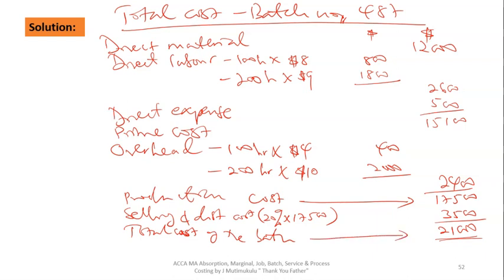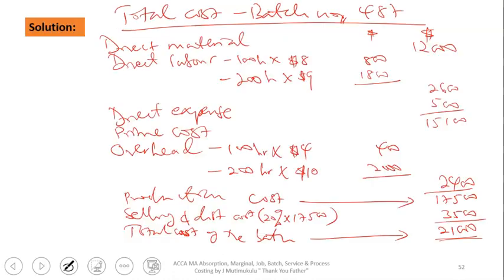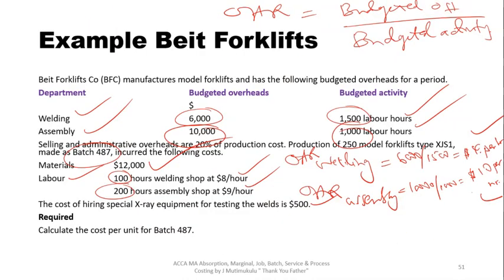But what about the cost per unit of the batch? Cost per unit within a batch is equal to the total cost, which was 21,000, as we have just determined, divided by the units within the batch. How many units are within this batch?